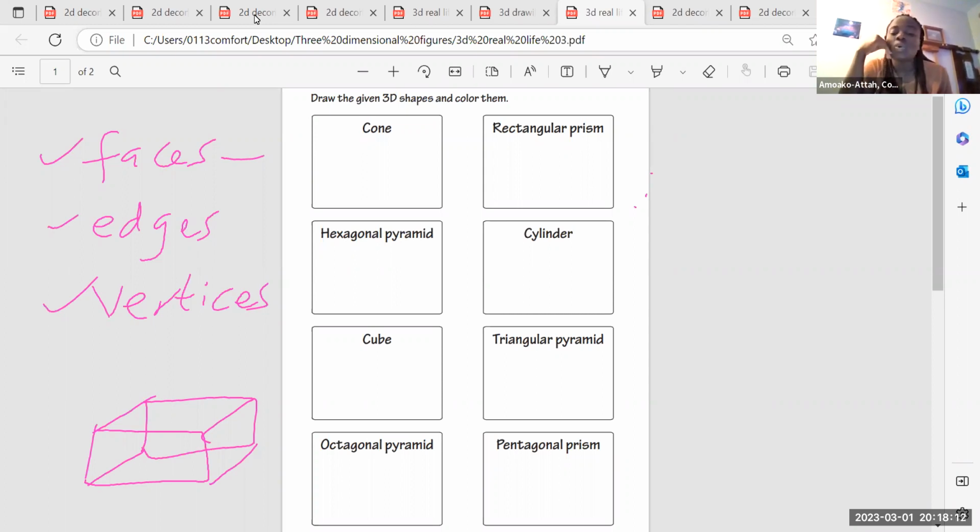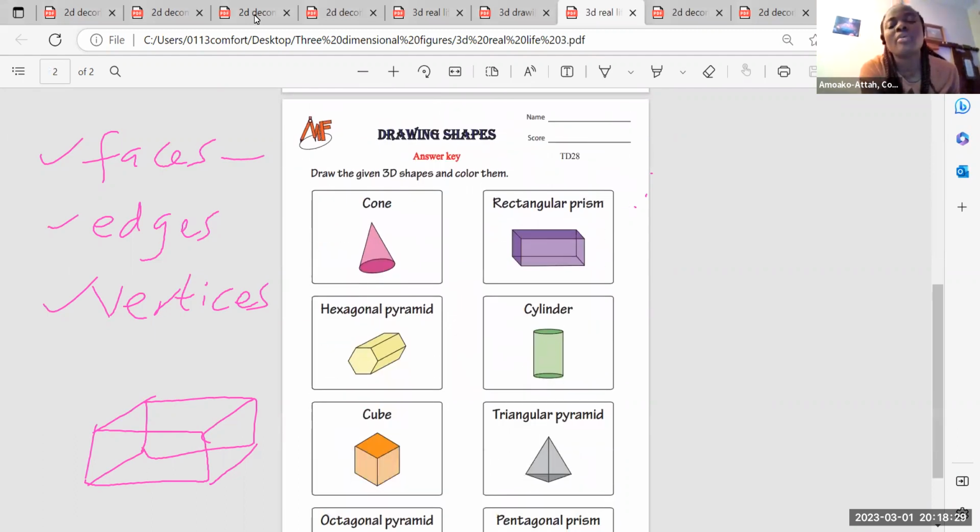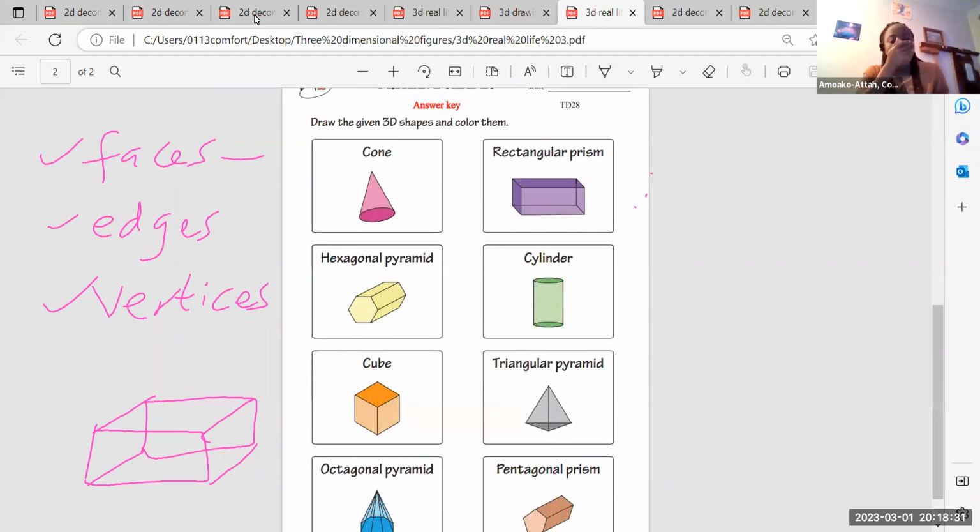Then we have the hexagonal pyramid. Hexagonal pyramid. How many? 6, hexagon. 6. You have a cylinder. If you know what a cylinder is, you have a cube, you have a triangular pyramid, octagonal pyramid, then pentagonal prism. And these are the shapes. All right.